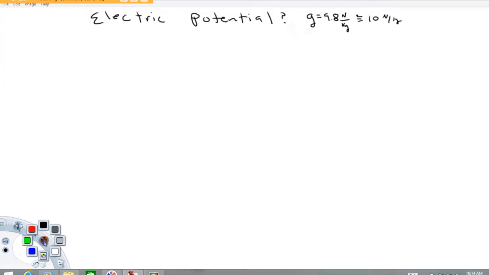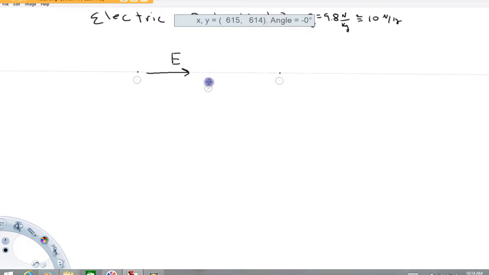All right, so we're going to imagine in this picture that we've got a nice uniform electric field that points to the right. And again, we're going to imagine it's uniform, and I'm going to try to describe that with some electric field lines.